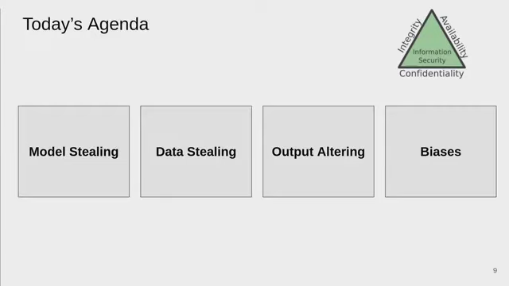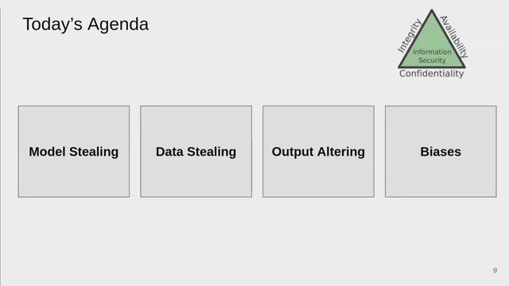Today we're going to look at 4 major areas in machine learning security. Model stealing, trying to recover the model to some extent, right? Getting information back from a machine learning model. Data stealing, trying to figure out the output to recover some kind of internal state or internal information that was used for training.